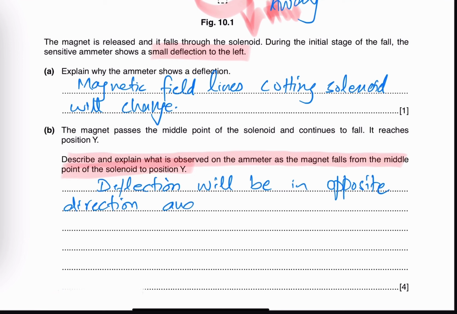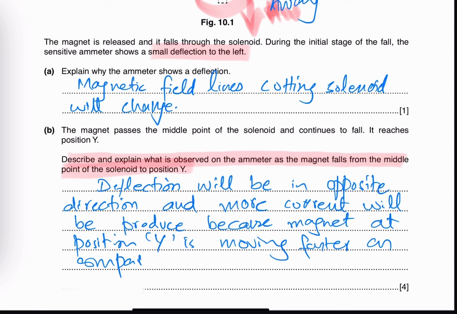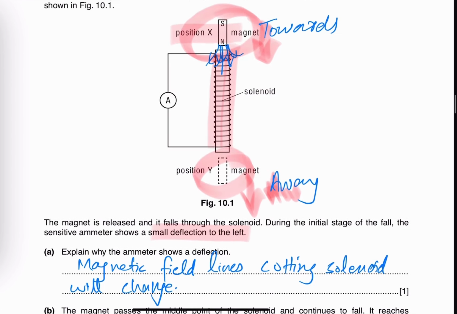And more current will be produced because the magnet at position Y is moving faster as compared to position X. At position Y the magnet was moving faster because it's freely falling.